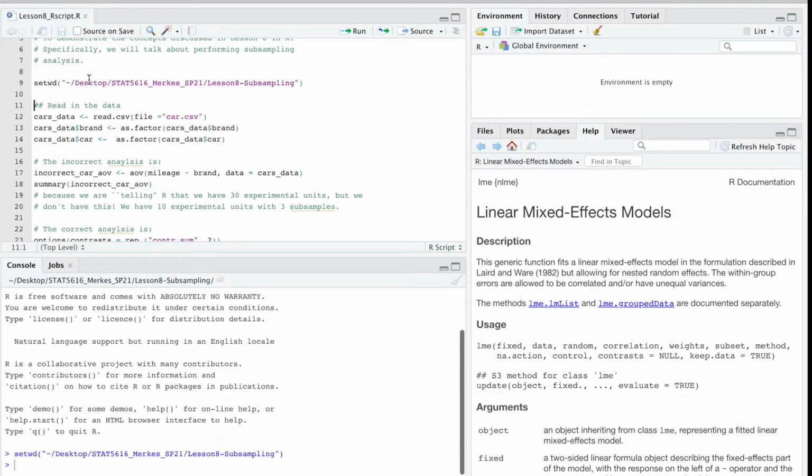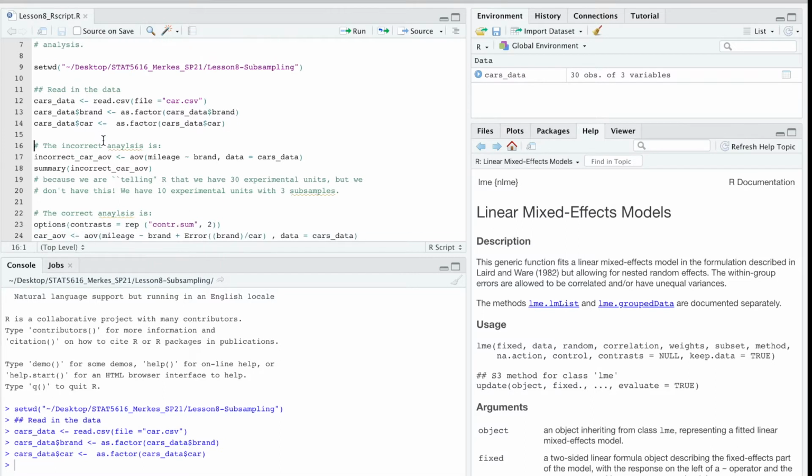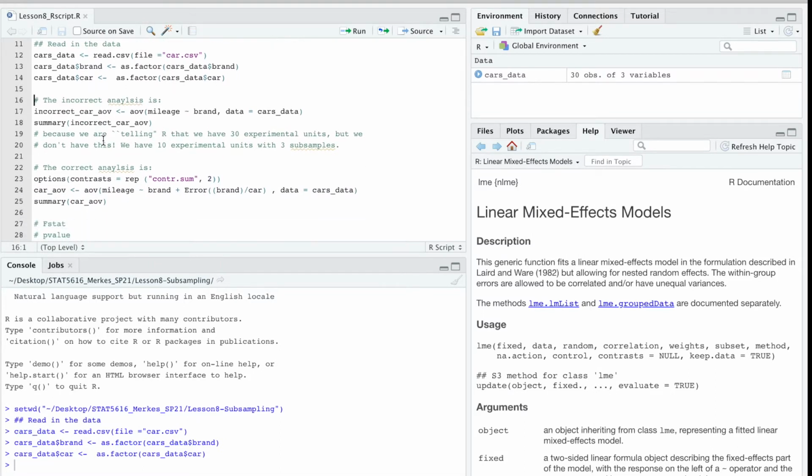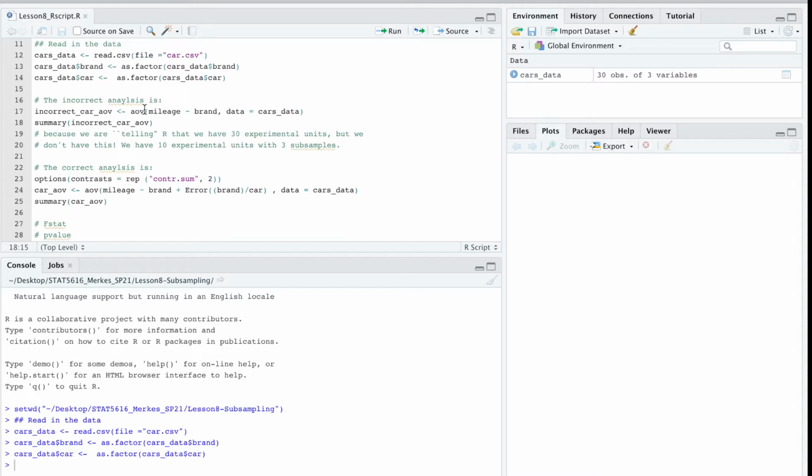Always make sure you're in the correct directory. We're going to load our data, and turn our variables of brand and car into factors. Now let's talk about the incorrect way to do the analysis first. The incorrect way would be to just have your mileage, our response, and then just put brand.